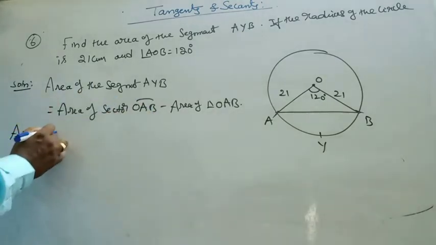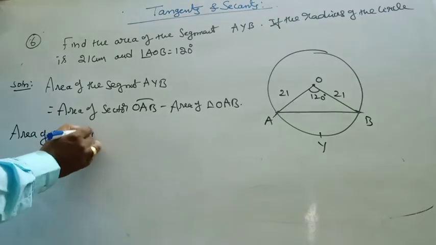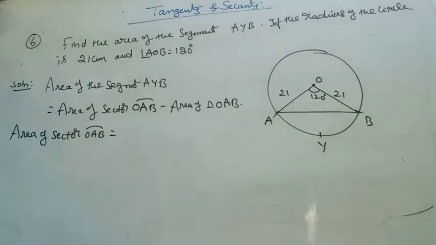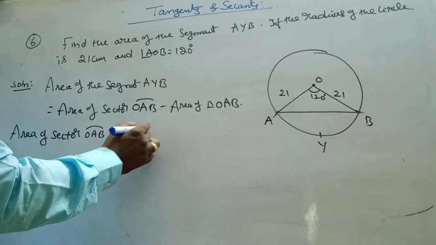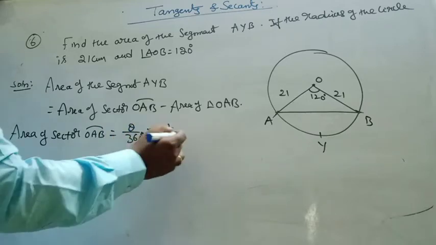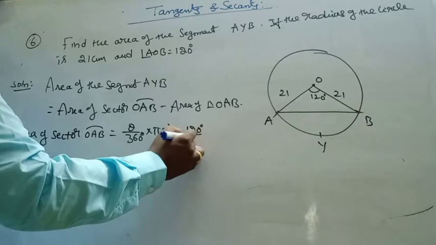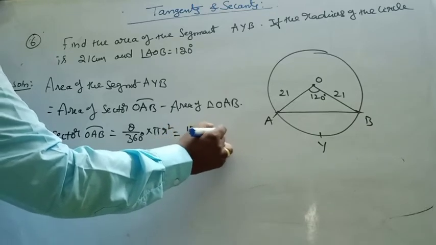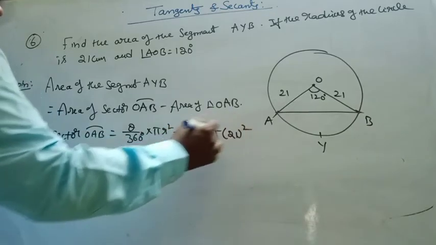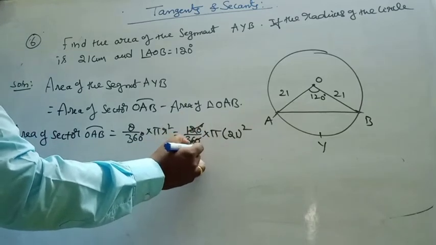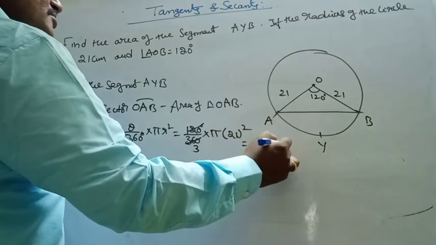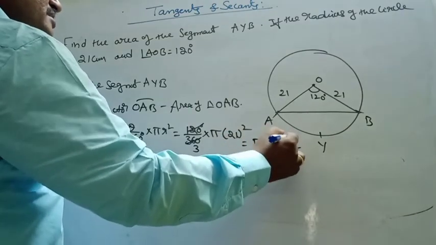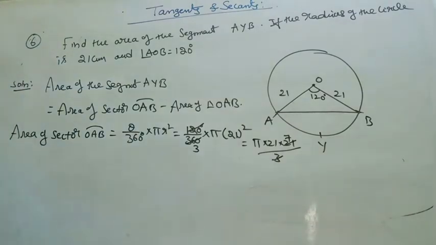Area of sector OAB is equal to theta by 360 into pi r square. Here theta is 120 degrees divided by 360 degrees, into pi into 21 square. 120 by 360 is one third. So this is pi into 21 into 21 by 3, three 7s.